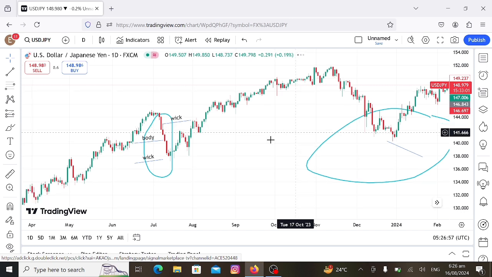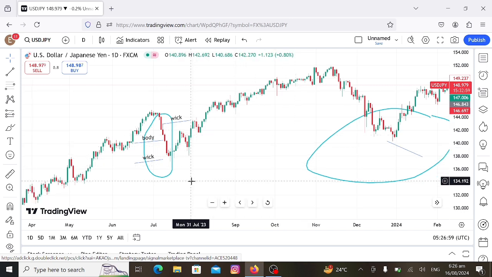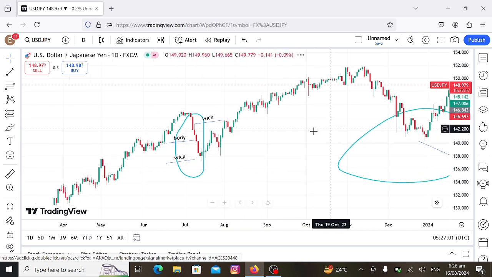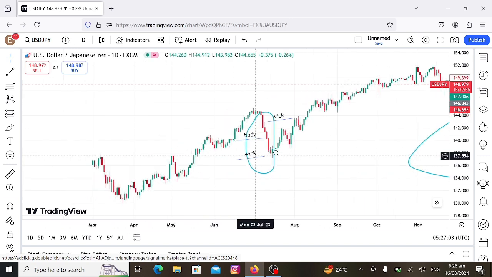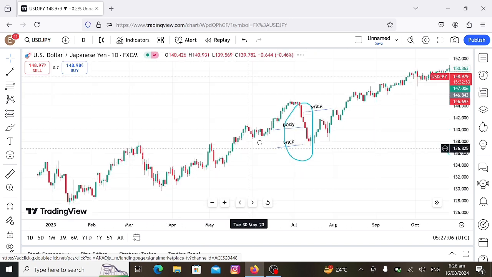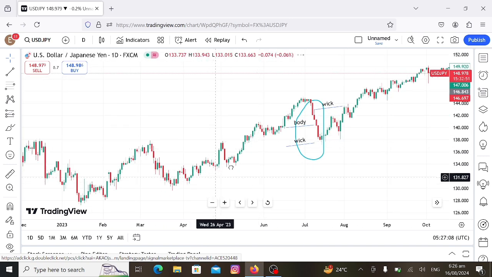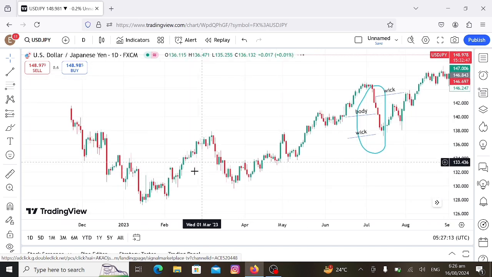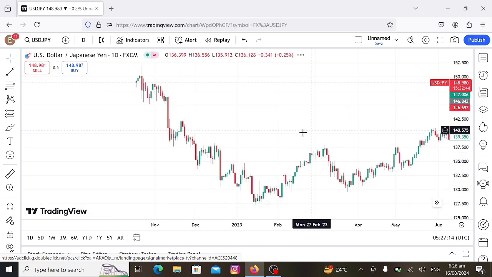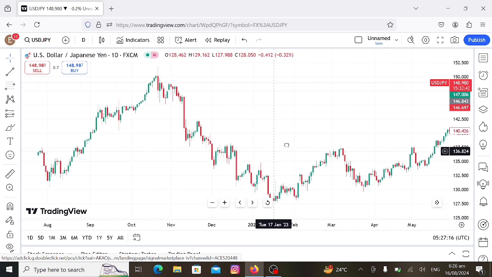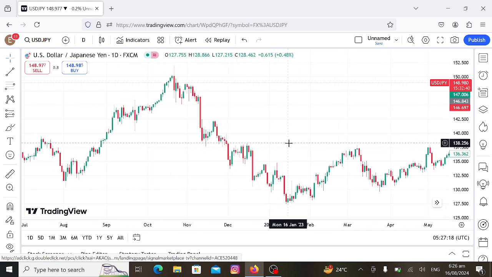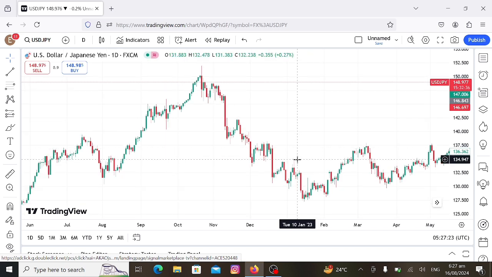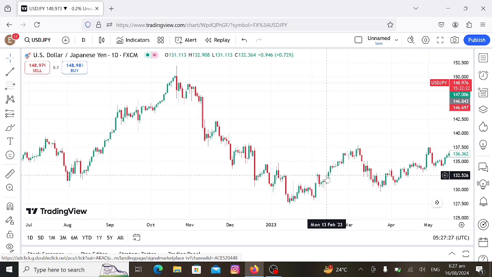What we see in a weekly time frame is different from what we see in a daily time frame, because one candlestick in a weekly time frame is equivalent to five candlesticks in a daily time frame. That's just the way it is.